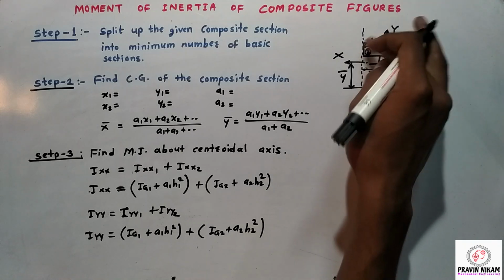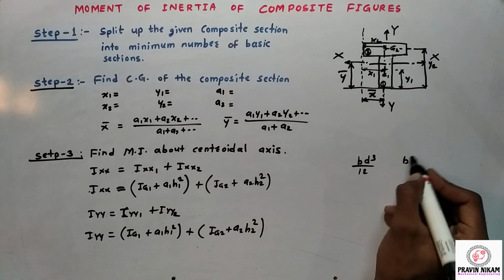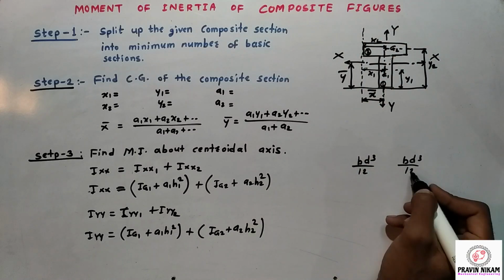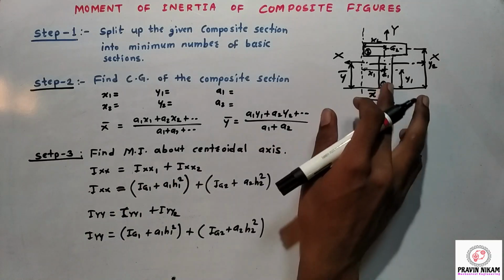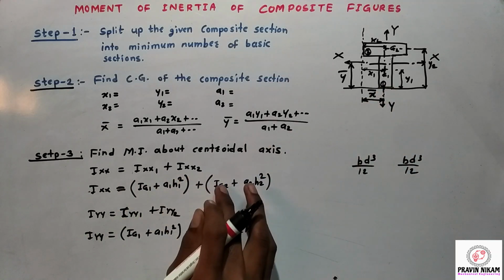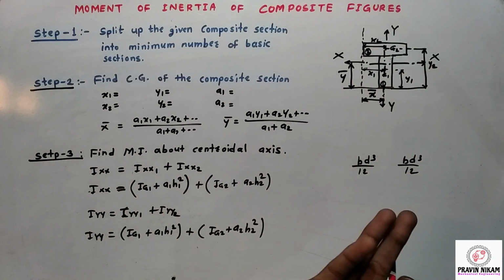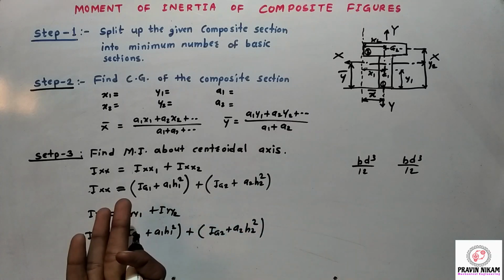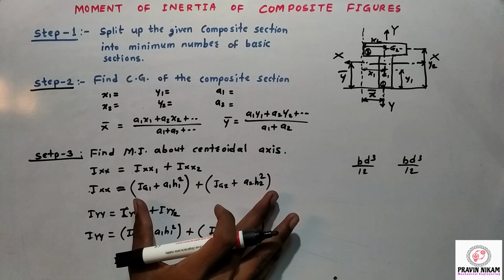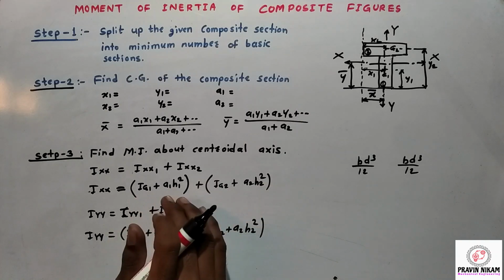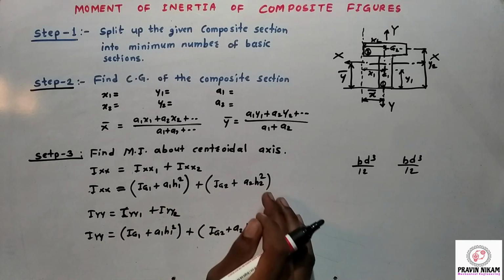So it is also BD cube by 12. So here also BD cube by 12. So B for section 1 is different. B for section 2 is also different. So you can take care while using these formulas, while writing the values in this formula.